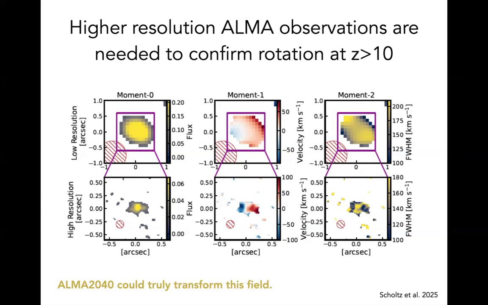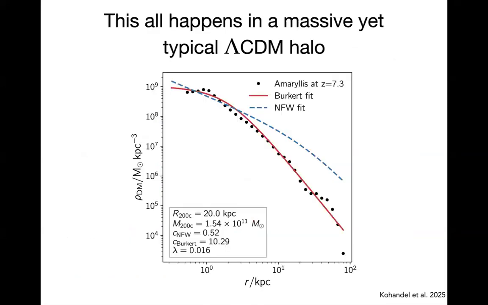And here they claim that if we get higher resolution ALMA, we should be able to detect properly the rotation at this high redshift. But personally, I would say that for this kind of science, we need the upgrades for ALMA. So for instance, ALMA 2040 can be really transformative in this field.